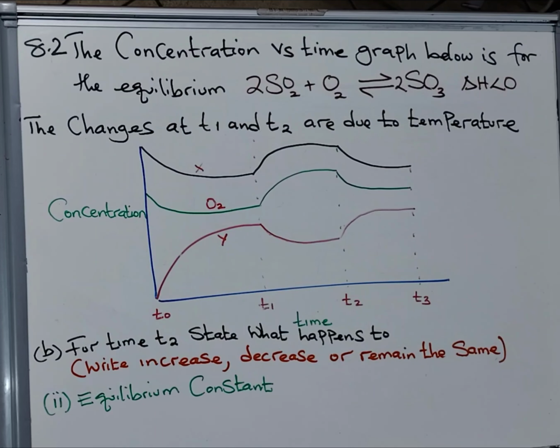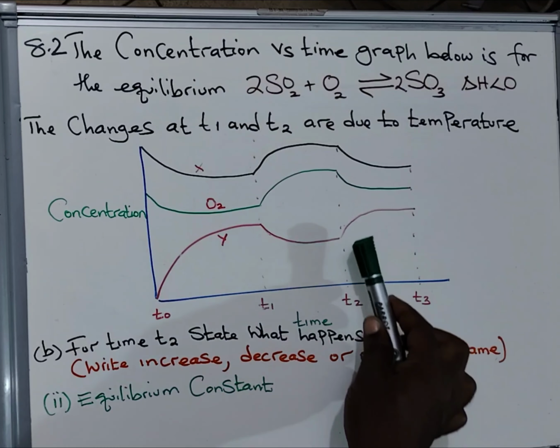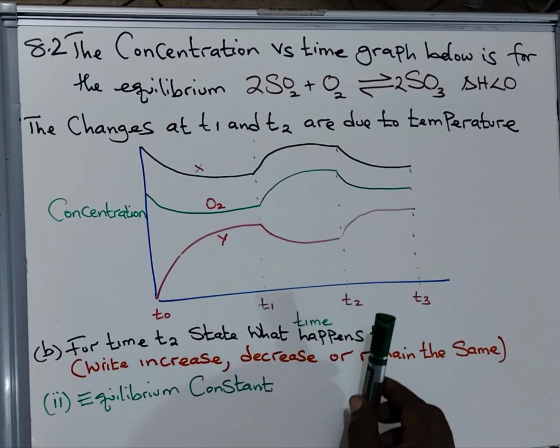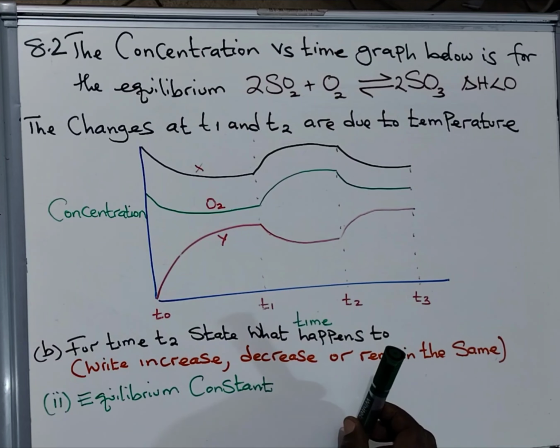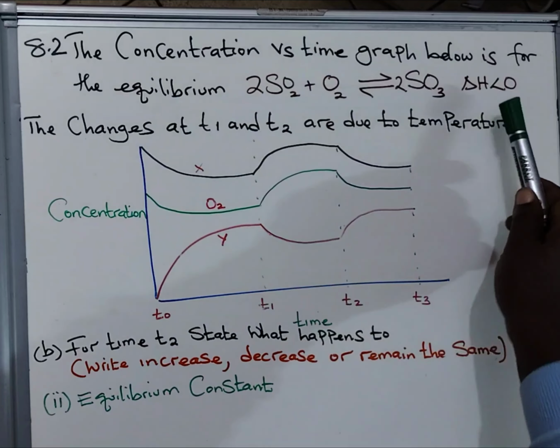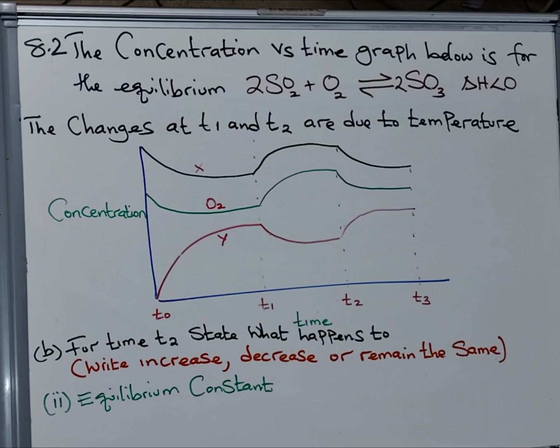Let me repeat. For an exothermic reaction, when you increase temperature, Kc decreases. And when you decrease temperature, Kc increases. So I've just observed that at T2, temperature decreased. So what will happen to Kc? Because it's an exothermic reaction, Kc will increase.